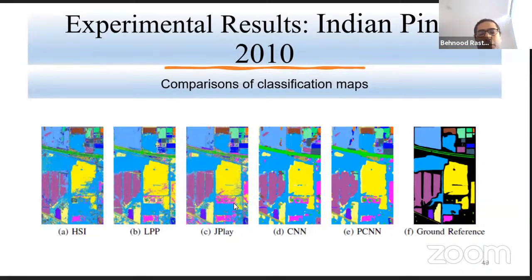And the first and major problem that you can observe here is that you have over-smoothing in your map for CNN and PCNN. As you see, for instance, this is probably a road whose borders are highly over-smoothed, and all the other borders are highly over-smoothed too, in this case and in this case.